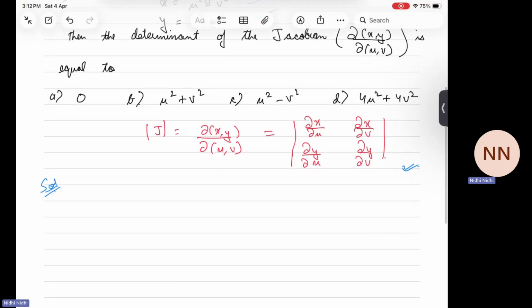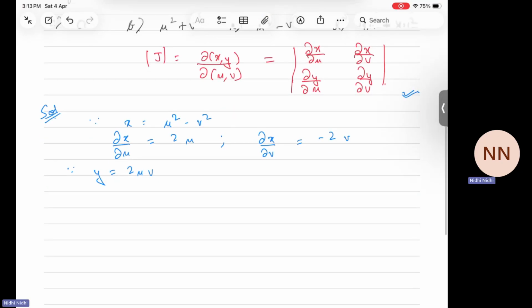Okay, so since x is equal to u square minus v square, we have del x by del u equals 2u. Del x by del v is minus 2v. Then again, since y is 2uv, that gives us del y by del u as 2v and del y by del v as 2u.